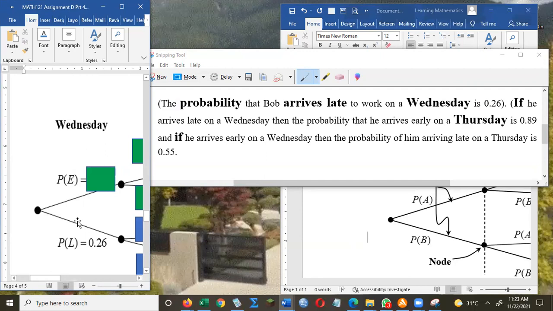Exactly 1, nothing more, nothing less. I repeat, that's a fundamental rule for the tree diagram. The sum of the probabilities across any node, late or early, only 2 of them, must be exactly 1. Because there are just 2 of them, if you have one, you can get the other by subtracting from 1. So here is the first section of the tree diagram: 0.74 plus 0.26 must be equal to 1.